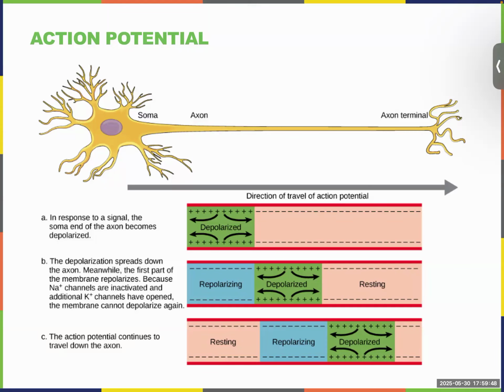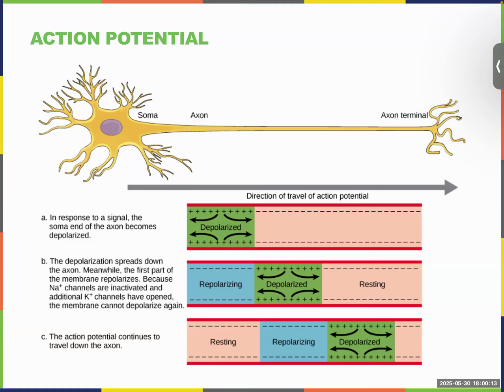So this charge gradient, where it was positive on the outside and negative on the inside, is going to change and cause neighboring portions of the axon to feel the same effects. Initially it gets depolarized on the far left of the axon, and then it's going to go towards the far right, toward the axon terminal.